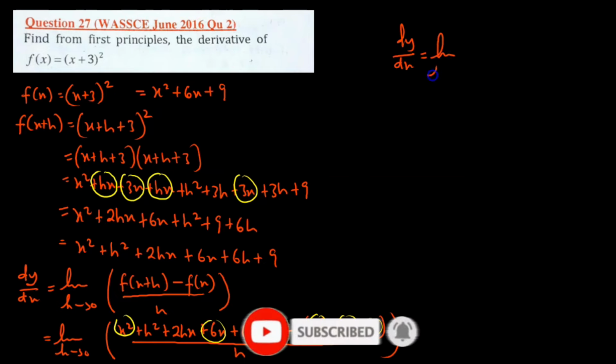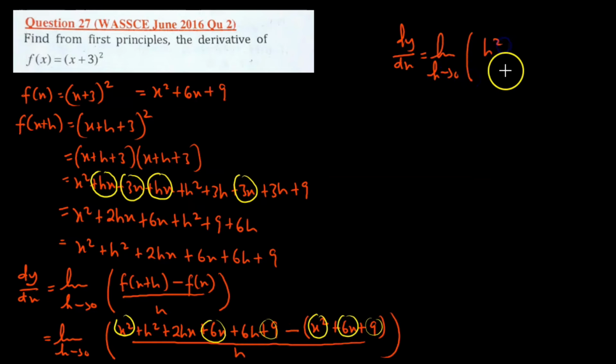So limit as h approaches 0 for h squared, that is one thing we are left with, plus 2hx, we are left with that one as well. Then plus 6h, we are also left with 6h. So let's go back to check whether that is what we are left with.